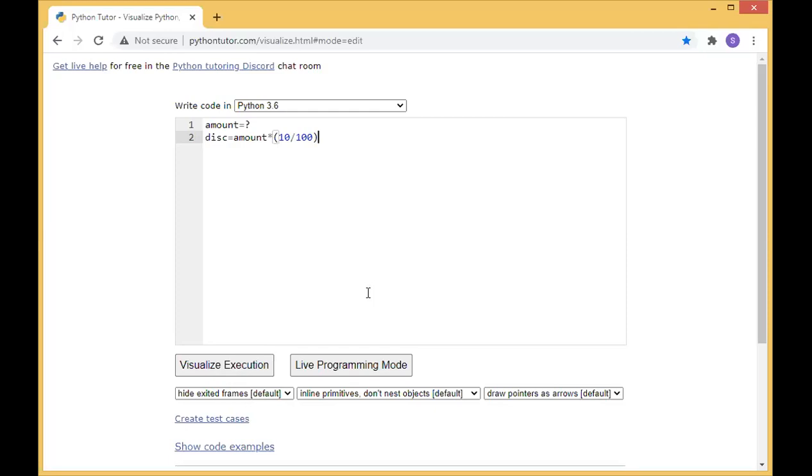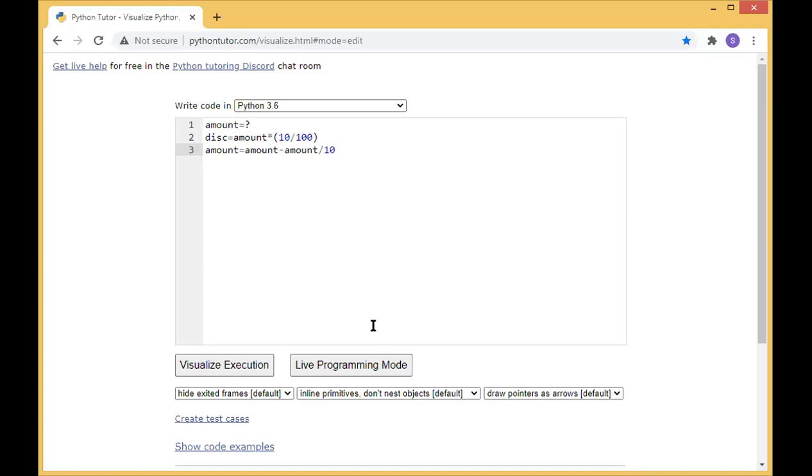Yes, sir, this is the 10 percentage of discount. Now after deducting that discount from the original amount, amount equals amount minus discount. Understood? Yes, sir. So for discount we can substitute the above formula, like amount divided by 10.